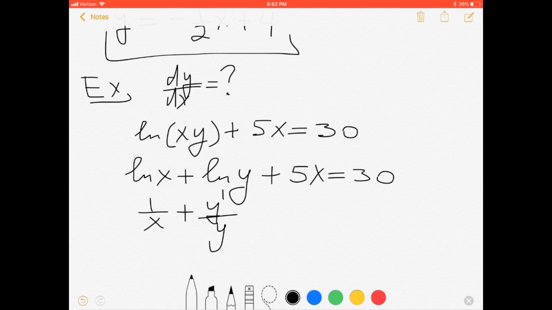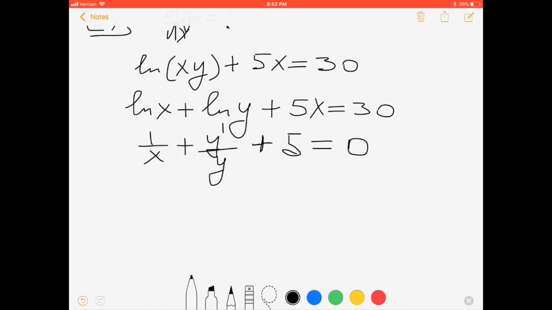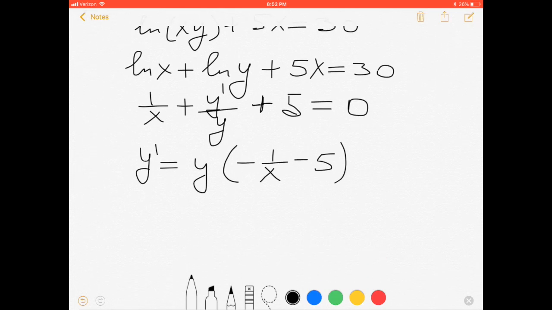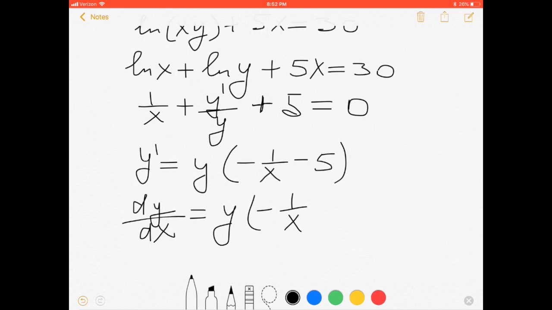The derivative of natural logarithm y will be y prime over y, plus 5, because the derivative of 5x is 5, and the derivative of a constant is 0. This means here you have y prime equals y times (minus 1 over x minus 5). Or instead of y prime, I can write dy/dx, exactly what they ask us. It's only a different way of writing.